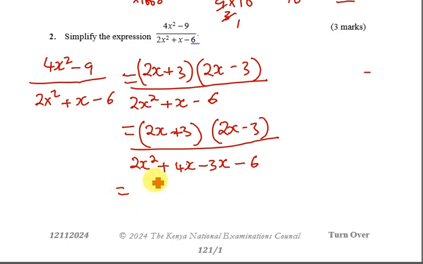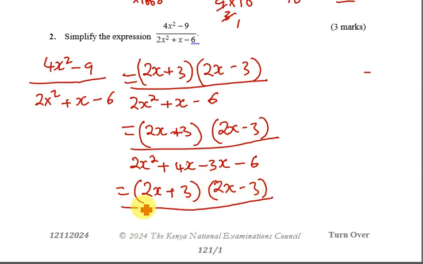So we can simplify what we have here, so let us write our numerator the way it is. So our denominator will be, what is common between 2x squared and 4x is 2x.